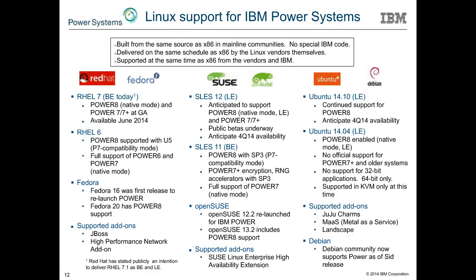Won't go into the details here, but the key point is, even when you get a Power ISO or a Power DVD for, say, SLES as an example, that ISO is built from the same bits, built using the same tools, compilers, delivers the same libraries, the same levels. This is where the commonality begins, and it's delivered on the same schedule as the x86 ISO.